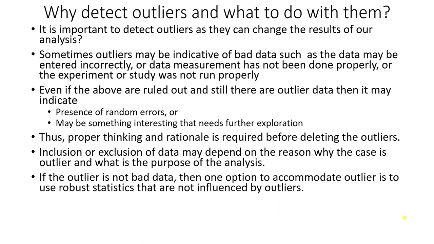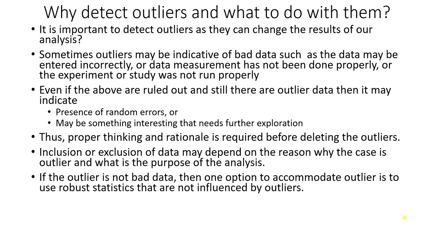So if the outlier is not bad data, then one option is we can try to accommodate the outlier by using some robust statistics that are not influenced by the outliers.